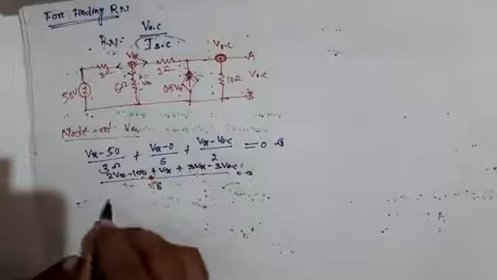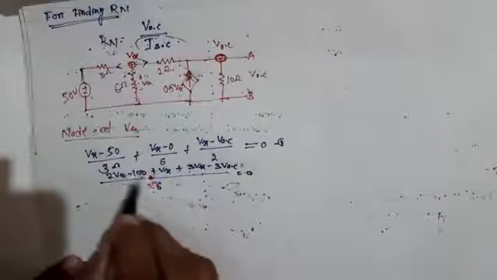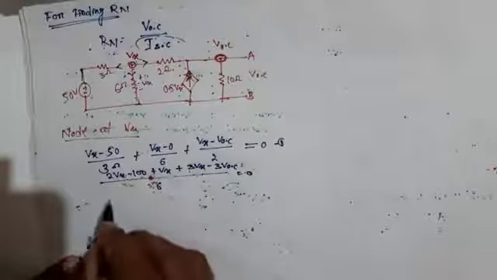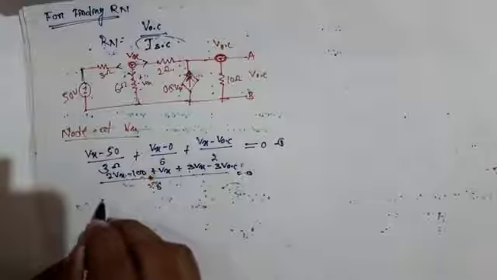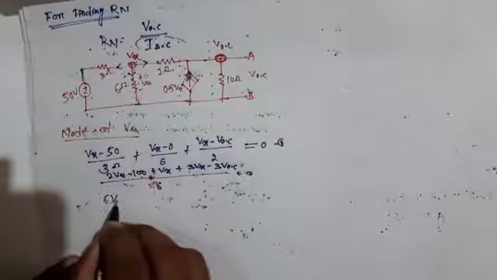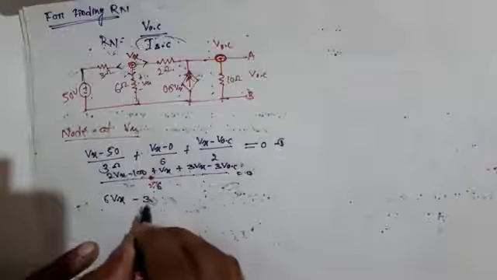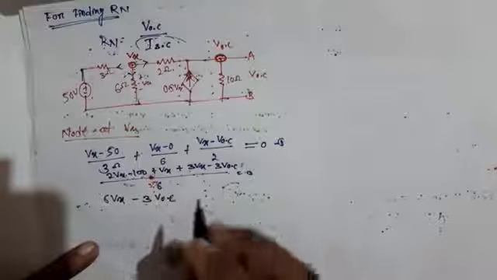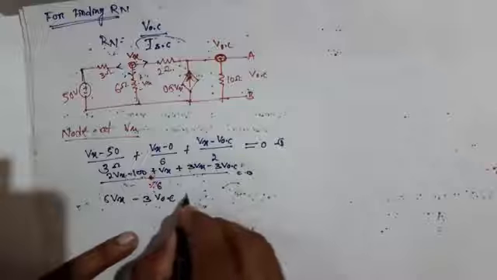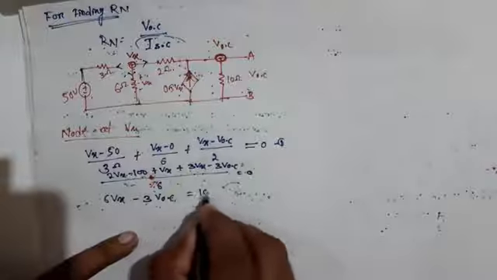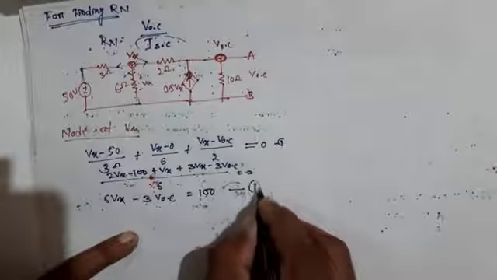Again modifying the equation, 2Vx plus Vx plus 3Vx gives 6Vx, minus 3VOC is equal to 100. This is our first equation.